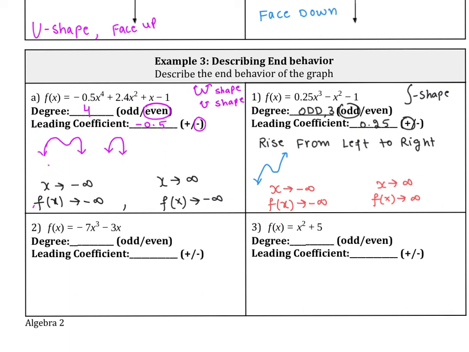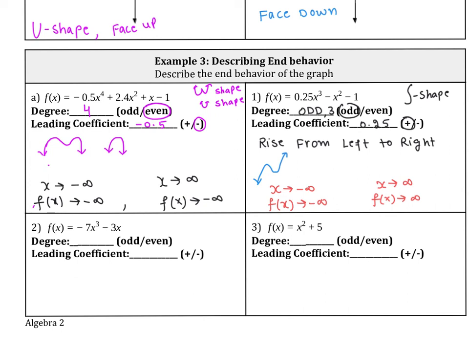This graph is rising from left to right. So the left string is going to rise on the right side. When x is approaching negative infinity, on the left side, y is going down. On the right side, when x is approaching positive infinity, y is going up and up and up, which means y is approaching positive infinity.